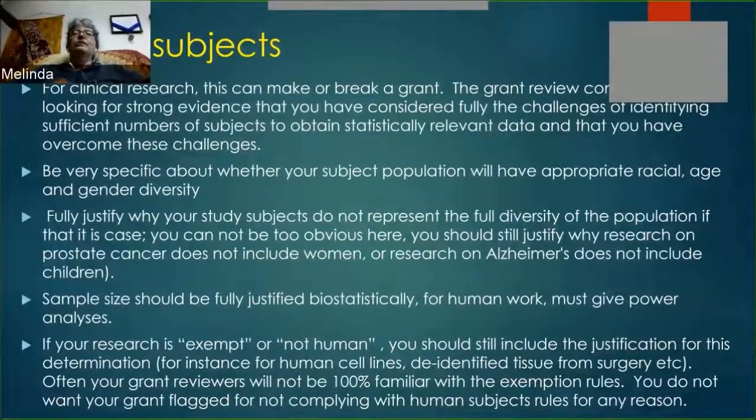Particularly if you're working on a reasonably rare disease, I'll use some of the really fascinating work done at Nemours on pediatric bone diseases. The reviewer may not know that Nemours is the main clinical catchment for a certain bone disease, and they know that this disease is extraordinarily rare.